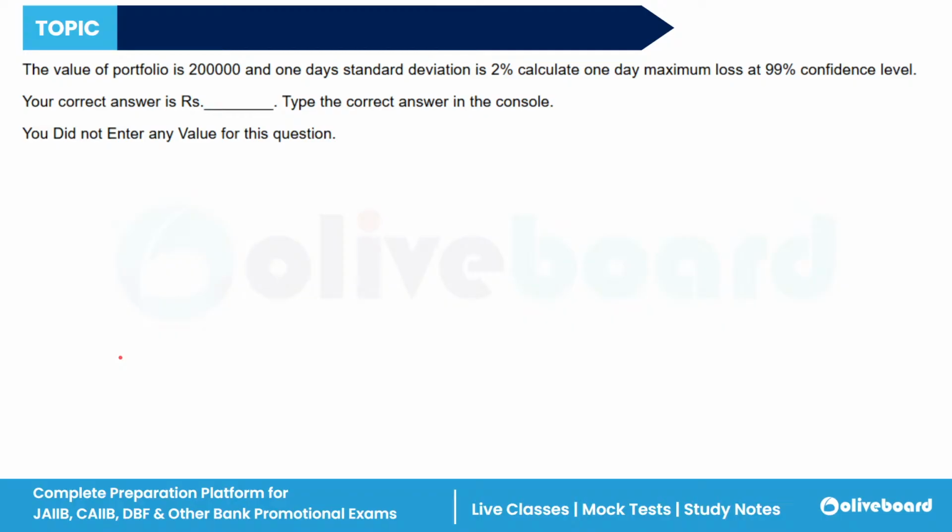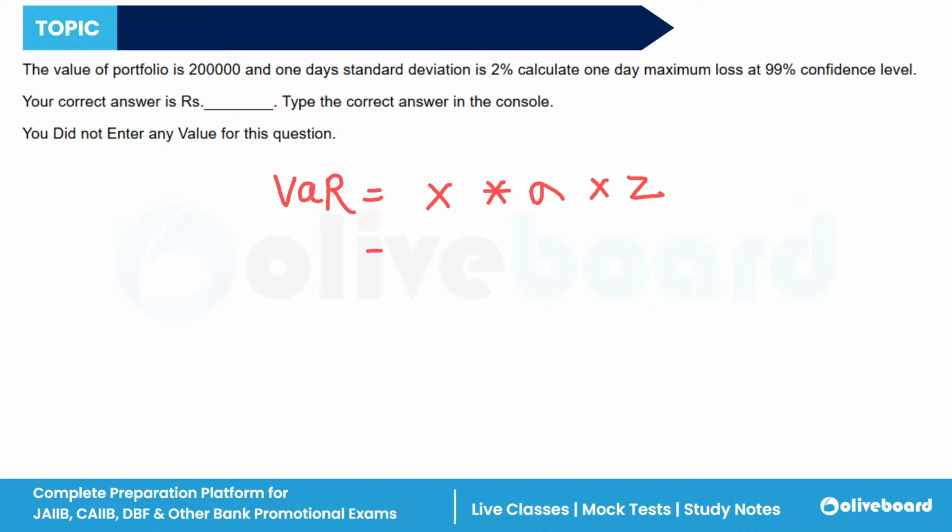Very easy question. Just apply the formula of value at risk, where we have to take the value of portfolio, then multiply it by standard deviation and multiply it by the Z score.